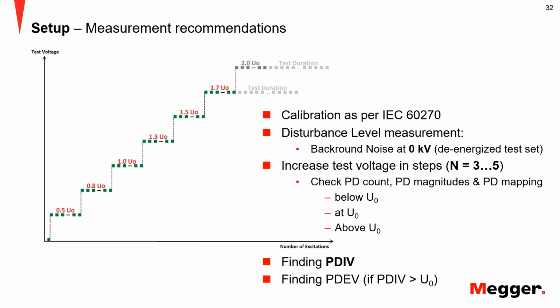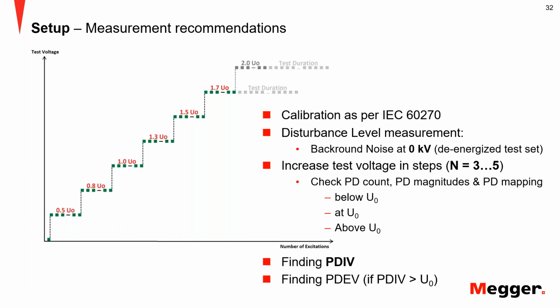Practical experience shows that in typical environments, 100 picocoulomb is a very respectable background noise. You rarely see less. If you're lucky, very rarely 50 or 80, but 100 as a rule of thumb. If you have a high noise environment, that can be much more.